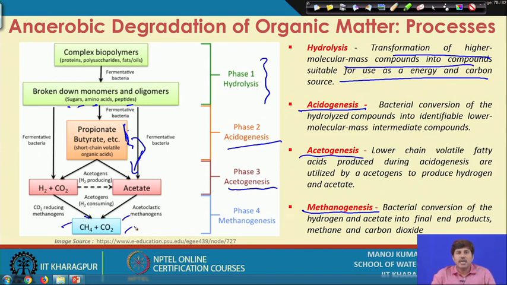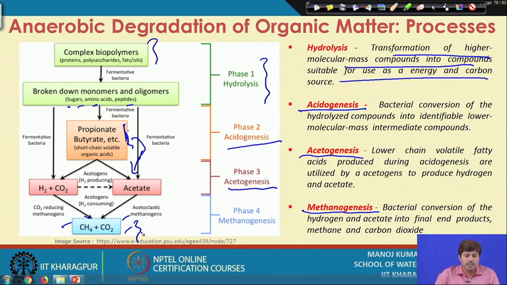So, the complex biopolymers are converted to methane and carbon dioxide through a series of steps: hydrolysis first, acidogenesis second, then acetogenesis and methanogenesis.